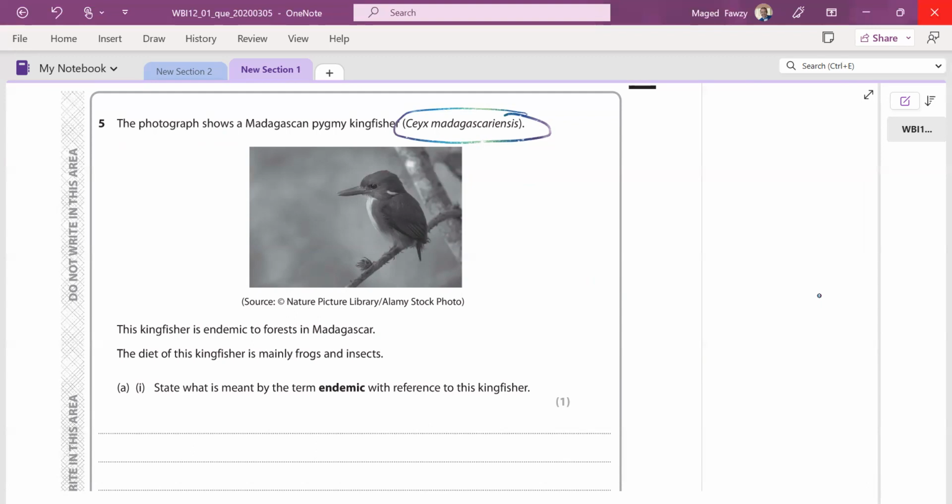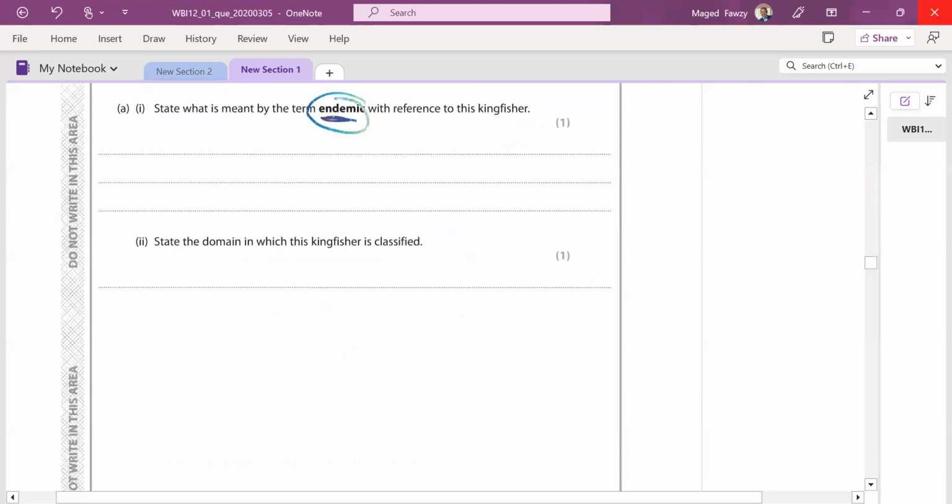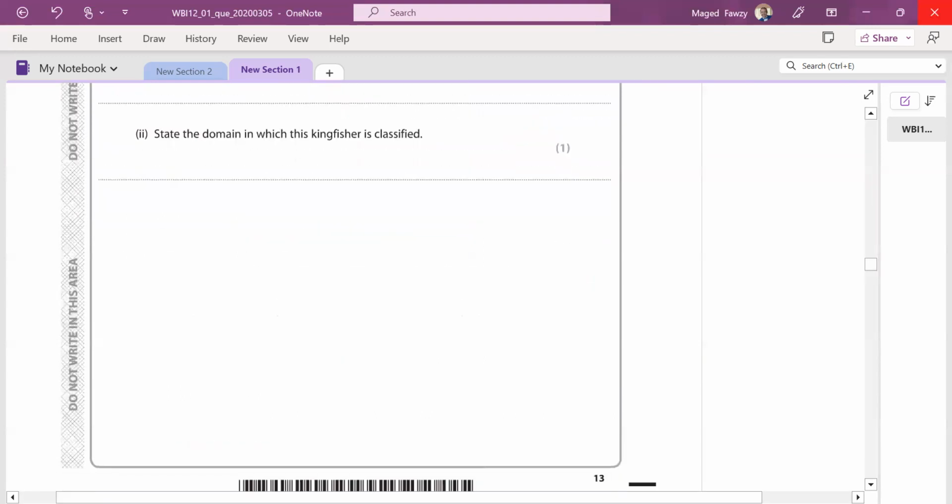Okay, but this is the definition of the term endemic. When he mentioned that any living organism is endemic, we can just mention it has one geographical location, which is Madagascar. State the domain in which the kingfisher is classified.